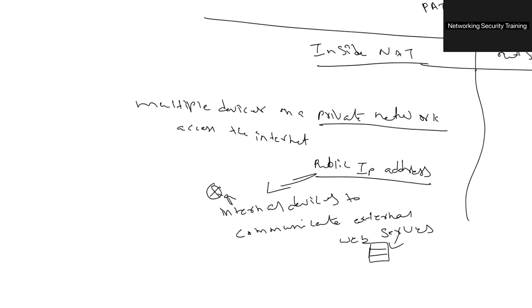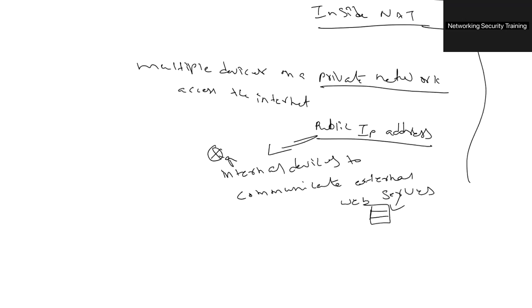This applies to home networks or office networks, and large enterprises use inside NAT to manage internet connectivity for multiple devices.